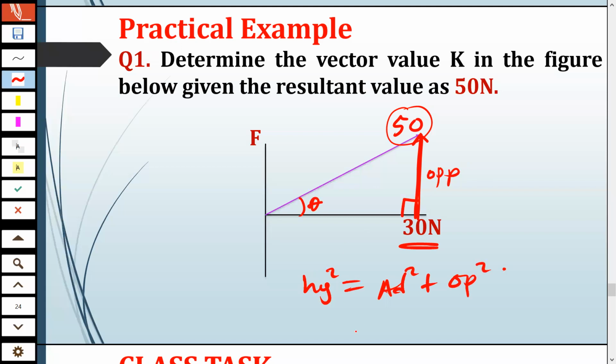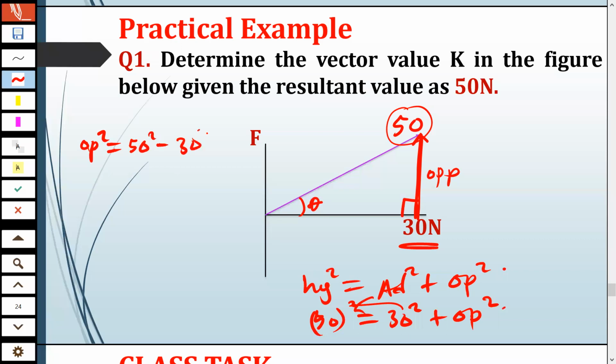The hypotenuse has been given as 50, so we say 50 squared is equal to the adjacent, which is 30, squared, plus the opposite, which we're looking for, squared. So you take the 30 squared to the other side. We have the opposite squared equal to 50 squared minus 30 squared.